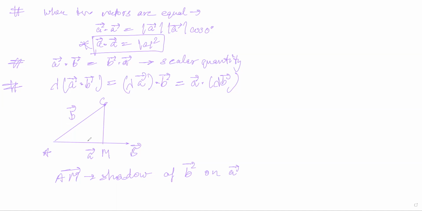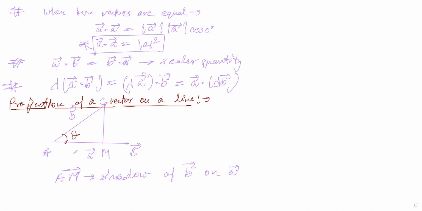So we were talking about projection of a vector on a line. We have taken these vectors B and A, in which the angle between them is theta, let's say.